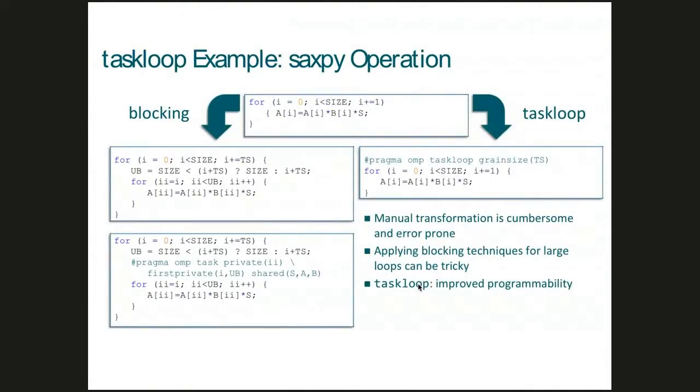And then taskloop, that was proposed in OpenMP 4.5. Basically we have a basic loop structure and use a parallel for loop.